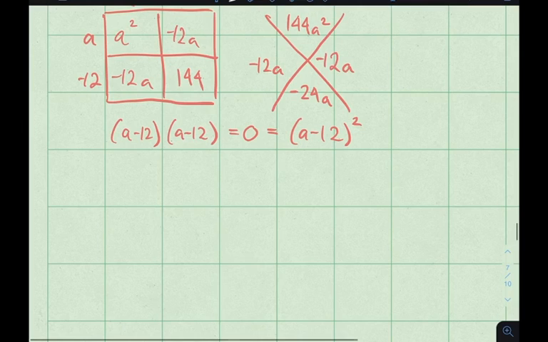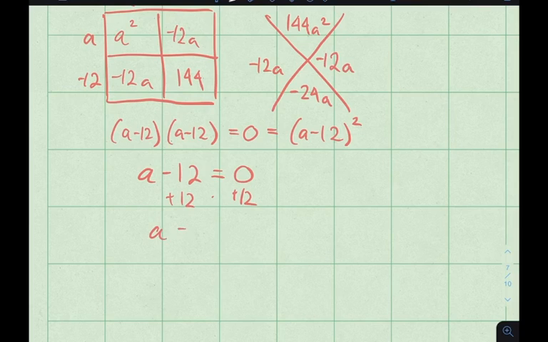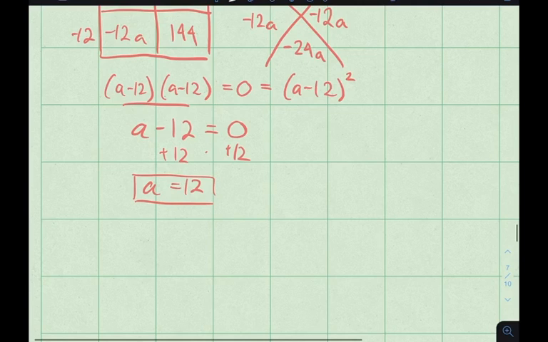And so when we solve, we just have to solve this one. We only got one answer here, because these two things are the same. We'll go through the checking step.